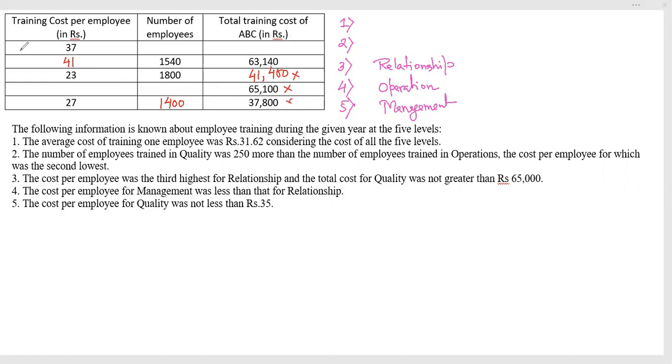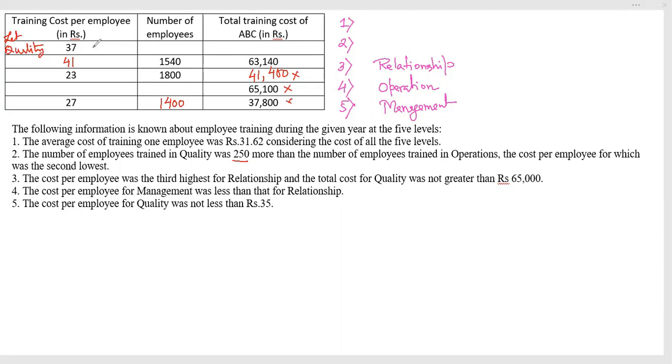Let our first case be that quality is this. Number one is quality. Now, if I check, quality was 250 more than the number of employees of operation.